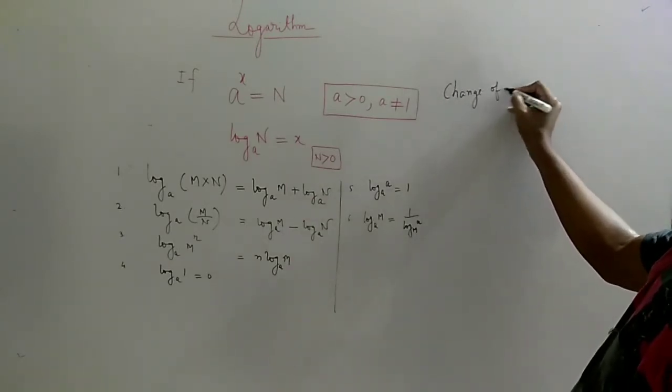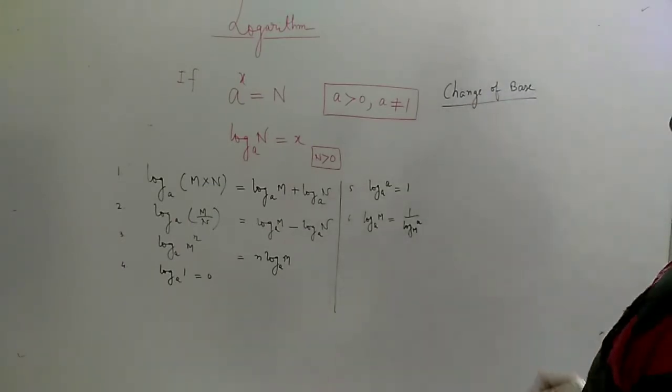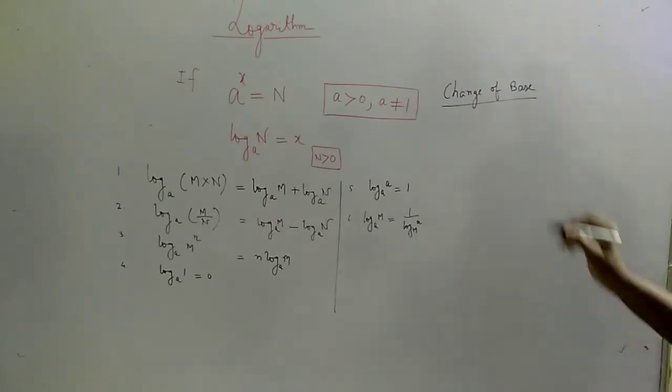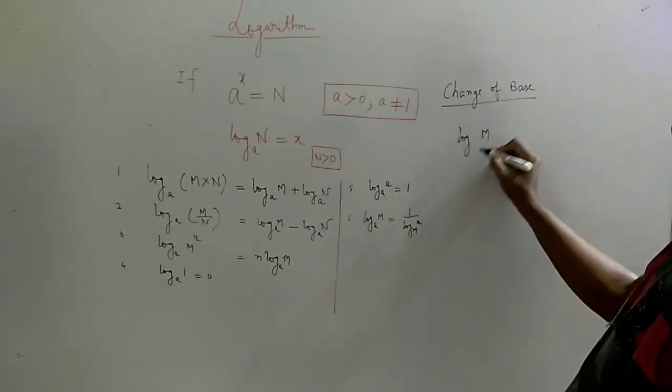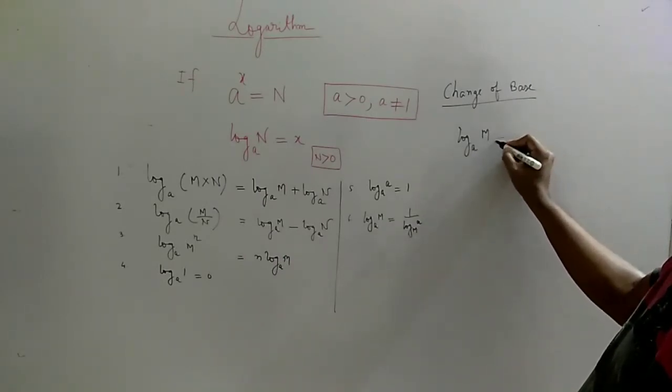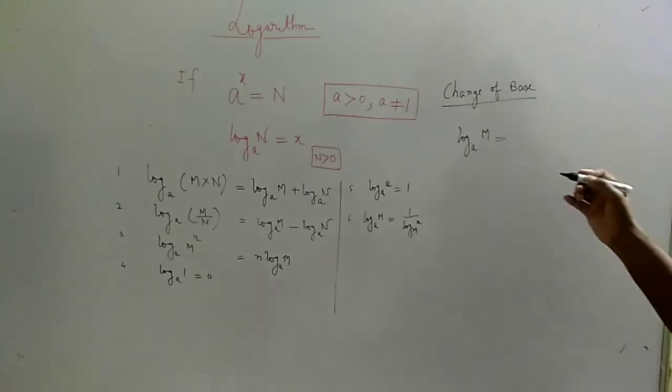Change of base. If you are interested in changing the base, suppose you are given log m, and the base given is a. Now I want my base to become b, another number. Then how can I do it?